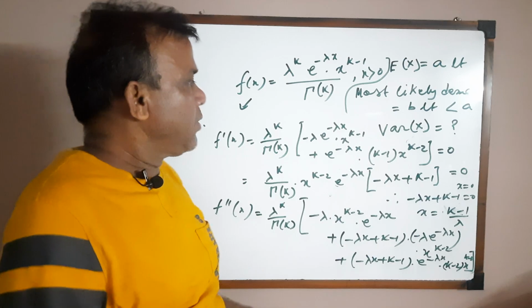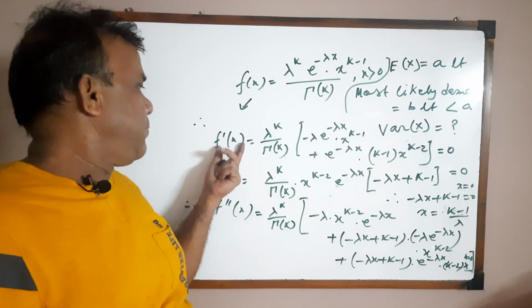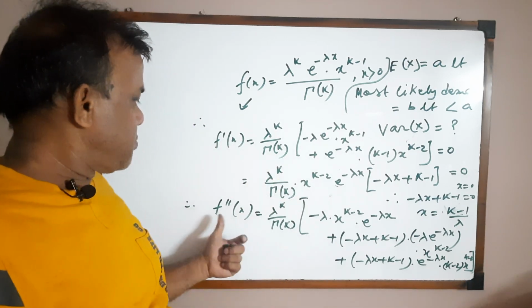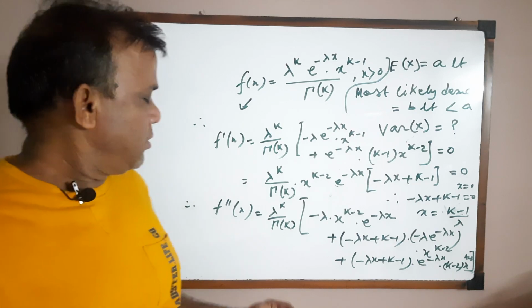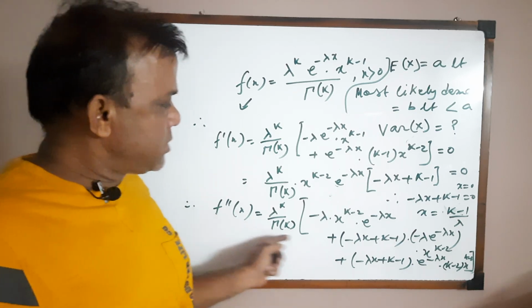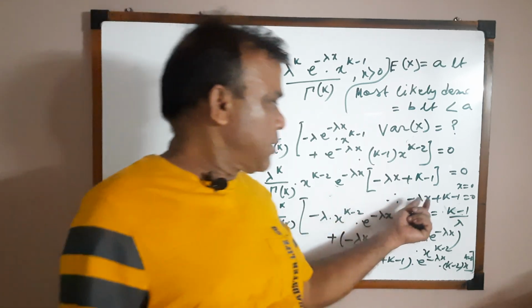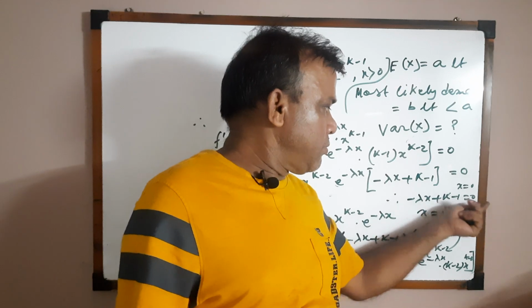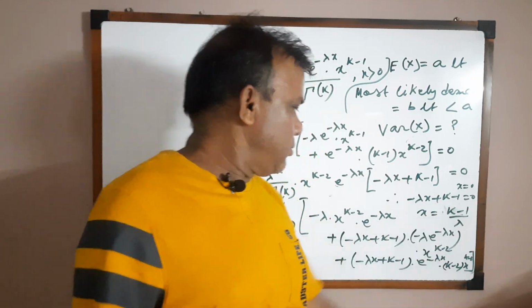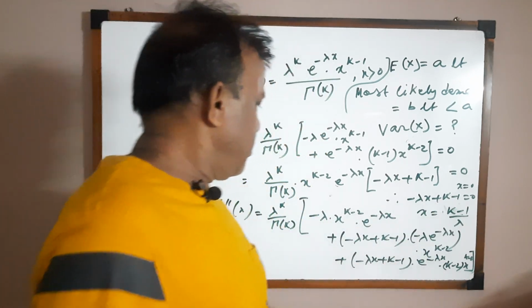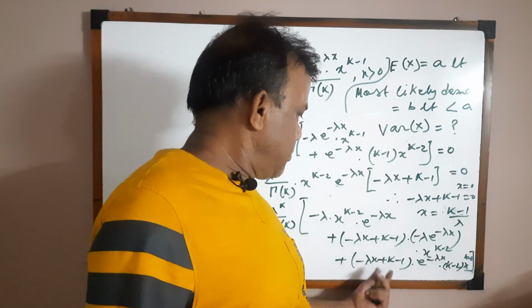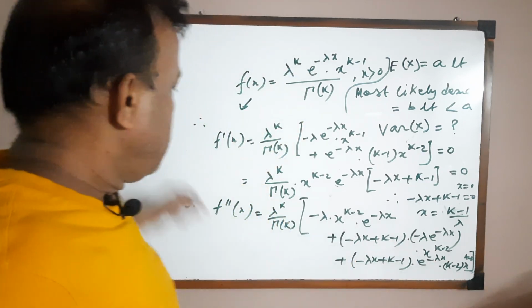Putting the value where minus lambda x plus k minus 1 equals 0, the terms multiplied by it become 0.